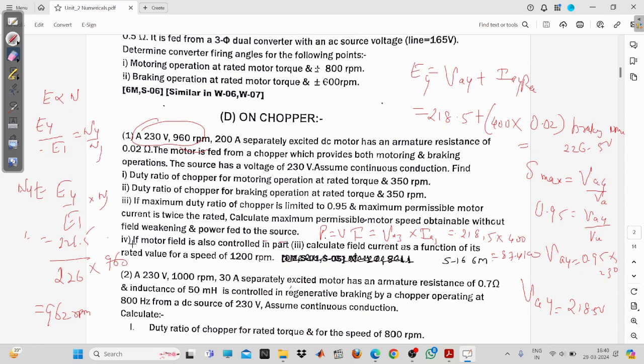Now, if the motor field is also controlled in part 3, calculate the field current as a function of its rated value for a speed of 1200 rpm.